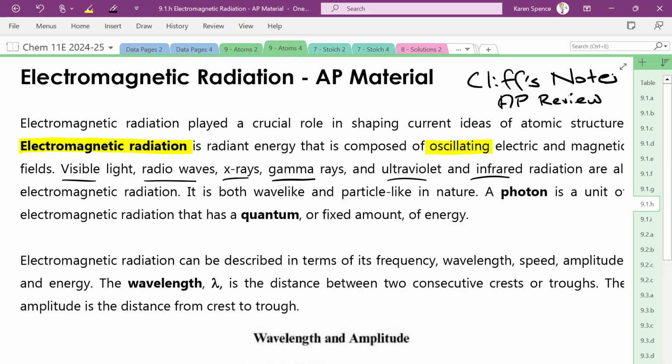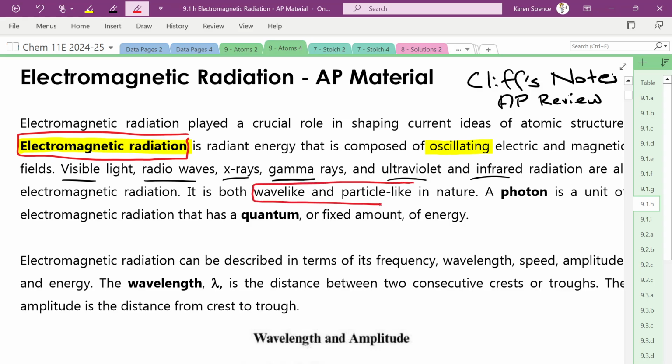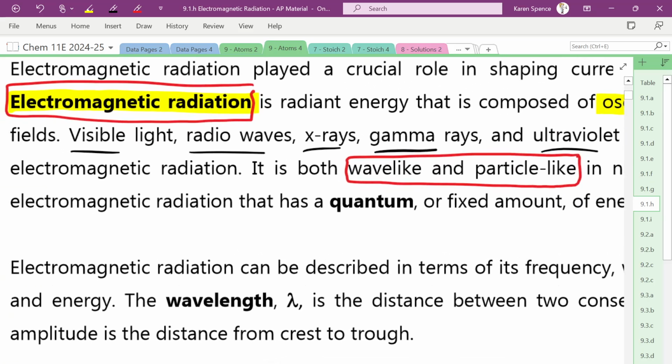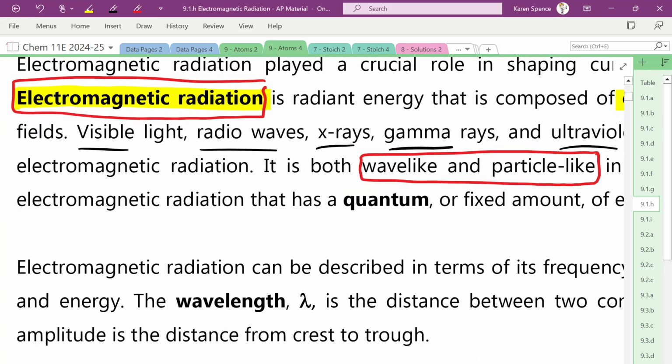Just like electrons, electromagnetic radiation is both wave-like and particle-like. Yes, it's both a wave and a particle.